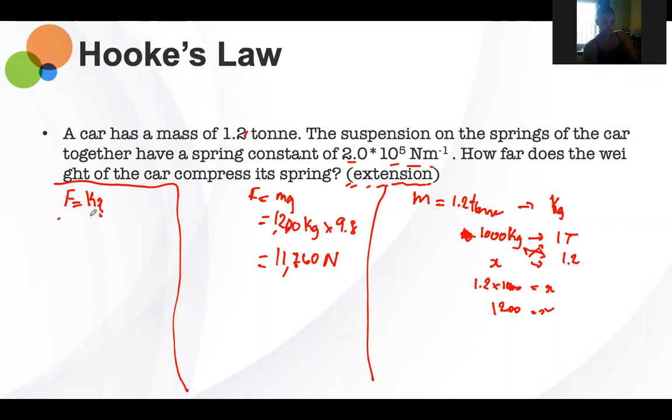So we divide both sides by k. And what will happen to these two k's? They're going to cancel. So then we're going to have x equal F over k. So we are almost there. Remember our force?